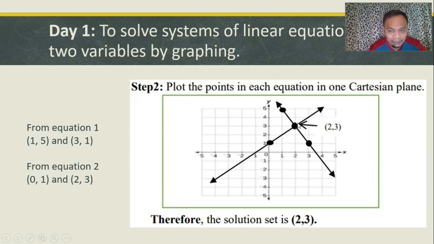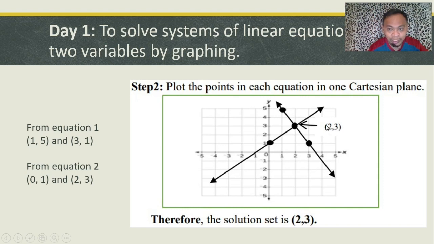And as we can see in our graph, they intersect at this point. Right? Positive 2 and positive 3. Positive 2 is x, positive 3 is y. So, this is their point of intersection. So, therefore, the solution set is the point positive 2 and positive 3.